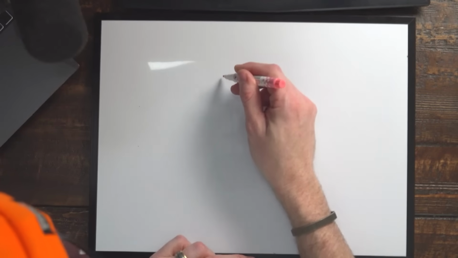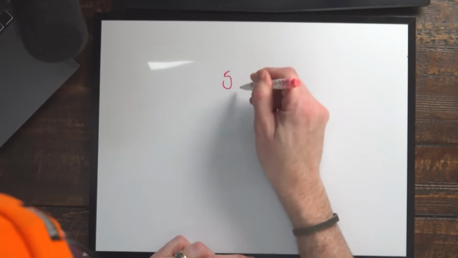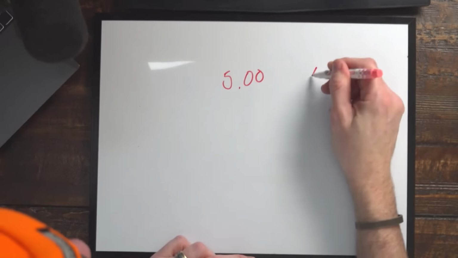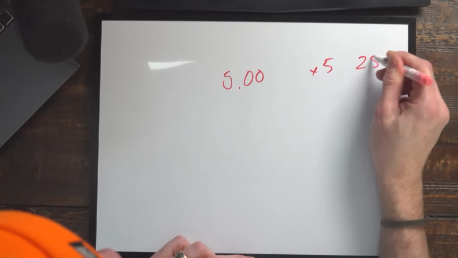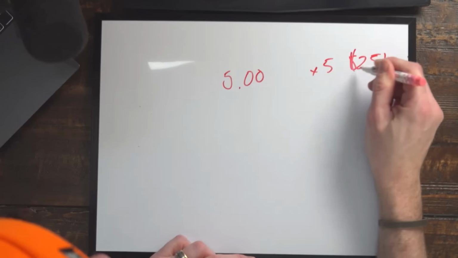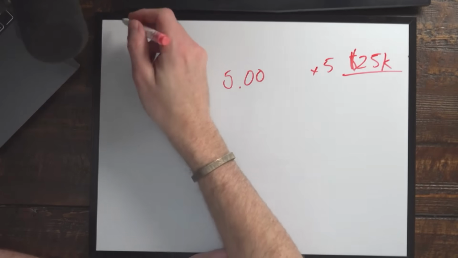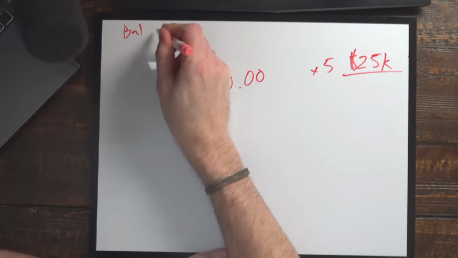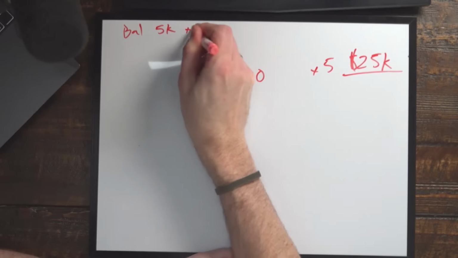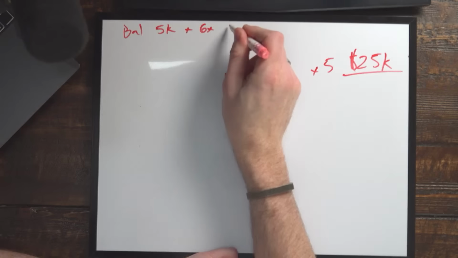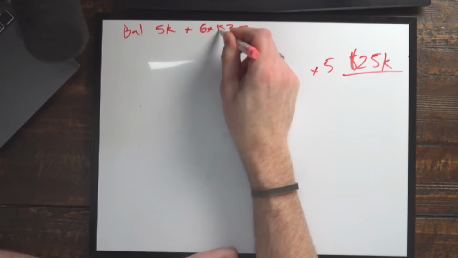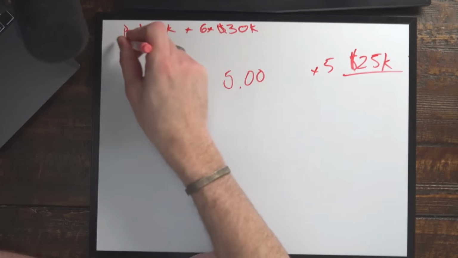Let's say you've got a stock that's $5 and you want to buy 5,000 shares times 5. So you've got $25,000 in the trade. Well, if you're trading with an account that has a balance of $5,000 and 6 times leverage, you've got $30,000 of buying power. So that means you can day trade with that money.